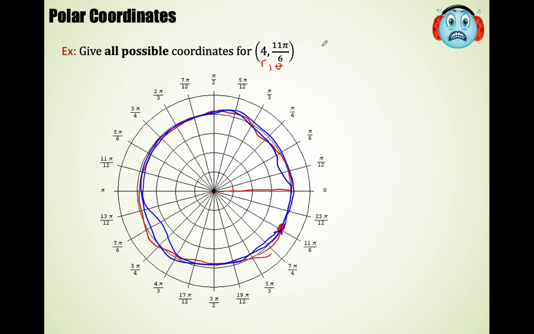So a way to give all possible coordinates is to say 4, the radius doesn't change, the radius was constant, 11 pi over 6 plus 2 pi n, right? 1 pi over 2, 2 pi over 2, 3 pi over 2, negative 1 pi over 2, negative 3 pi over 2. I'm sorry, negative 2 pi, right?